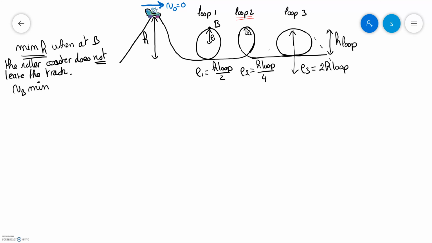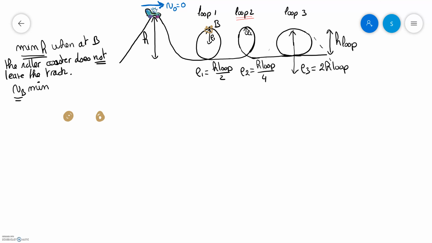Using this information, we will find the minimum VB. The acceleration there will depend on VB. So I will do a little free body diagram and kinetic diagram when the roller coaster is there. Let's make it bigger.